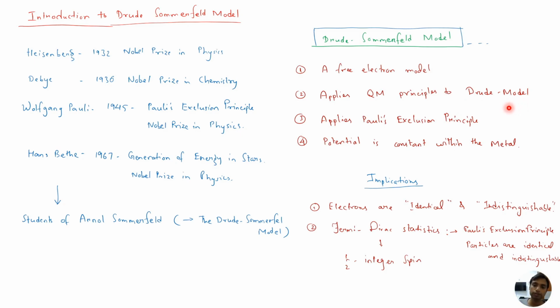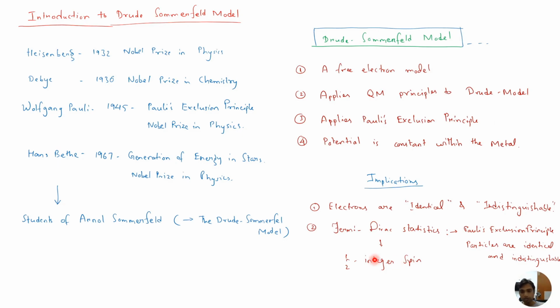By quantum principles one means that the electrons are identical, and they're not only identical, they are indistinguishable. Pauli's exclusion principle is also applied: two electrons with the same quantum numbers cannot occupy the same state, and the potential within a metal is constant.